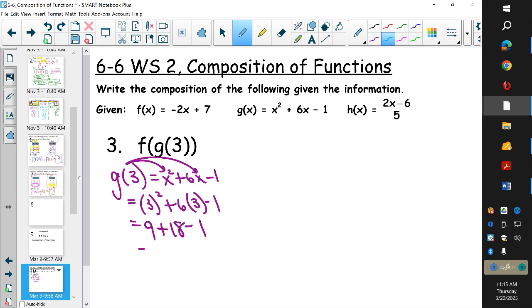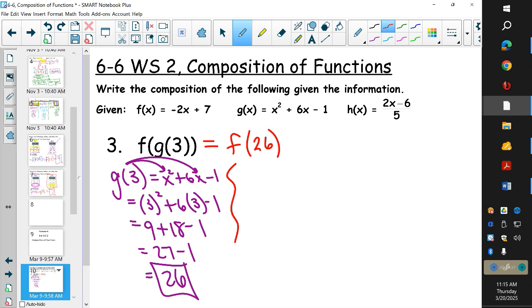What is 9 plus 18? 27 minus 1? 26. So G at 3 is 26, correct? So that means every place I see G at 3, I now can replace that with the number 26, correct?